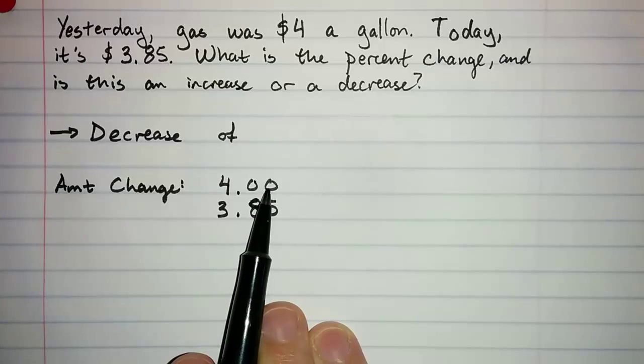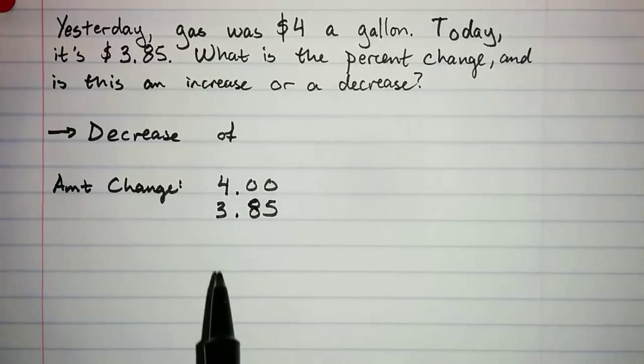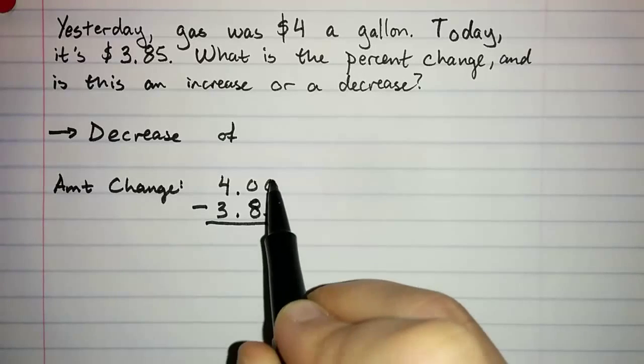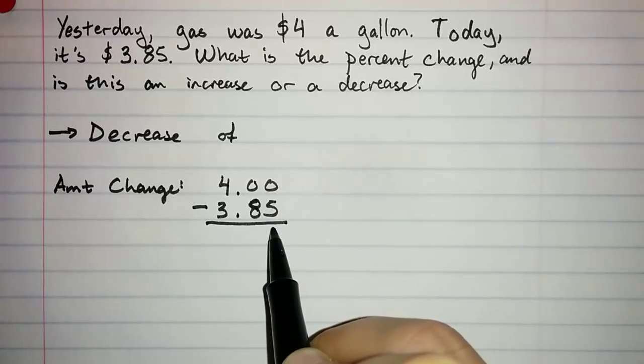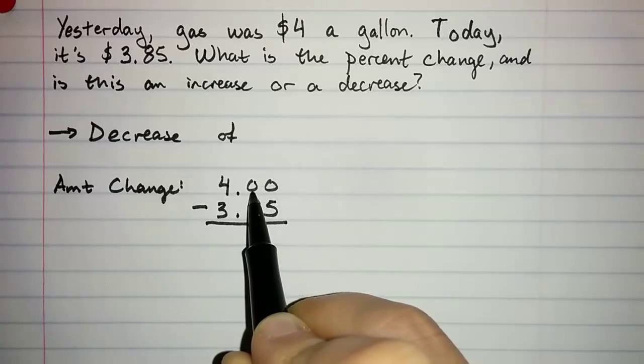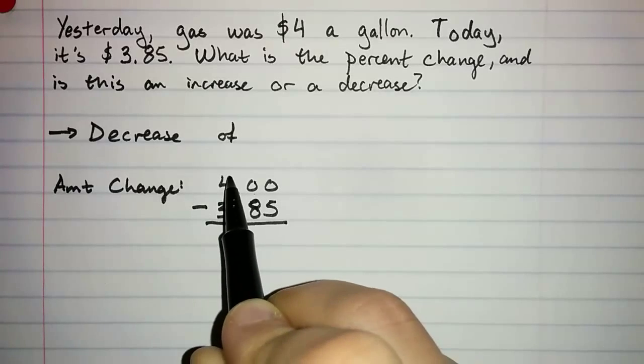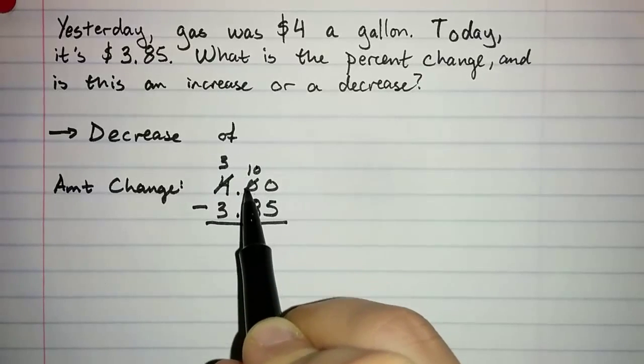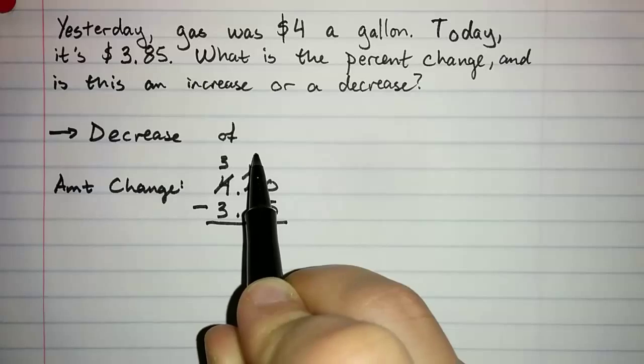Why did we need to add zeros to the right of the decimal point? Because we want to do subtraction. 0 minus 5, can't do it, have to borrow. This place doesn't have any, we have to borrow from the 4. So we'll have a 10 in this place.